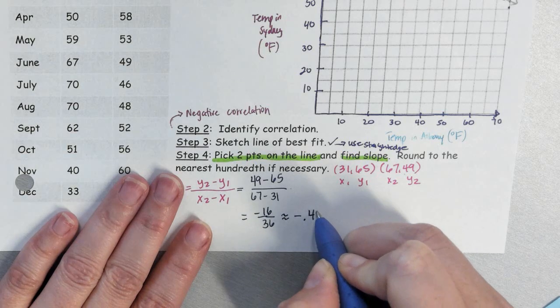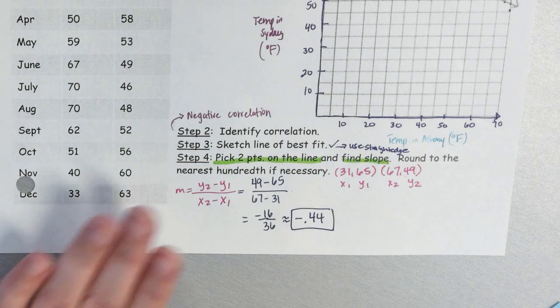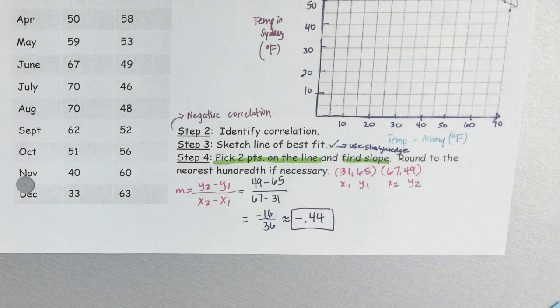So I got about negative 0.44. Yours should be in that ballpark. Okay, even up to negative a half is fine. That's what I got. Really, as long as it's between negative 0.4 and negative 0.6, I think that's good.